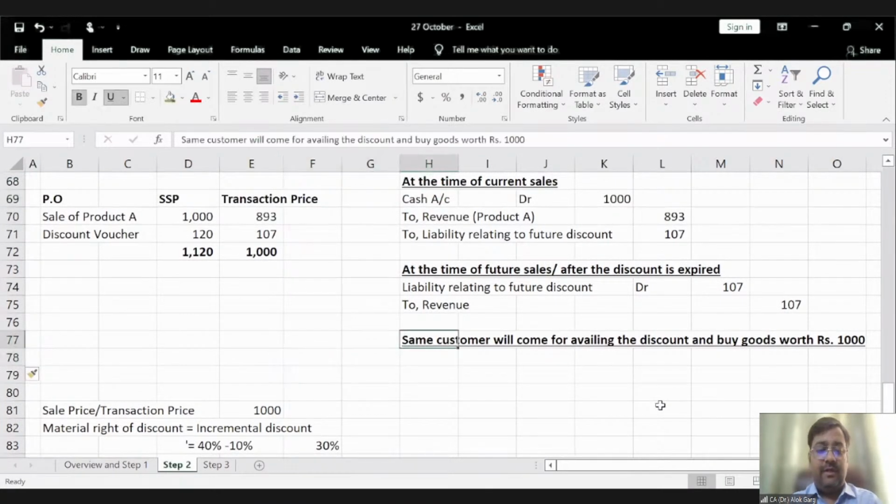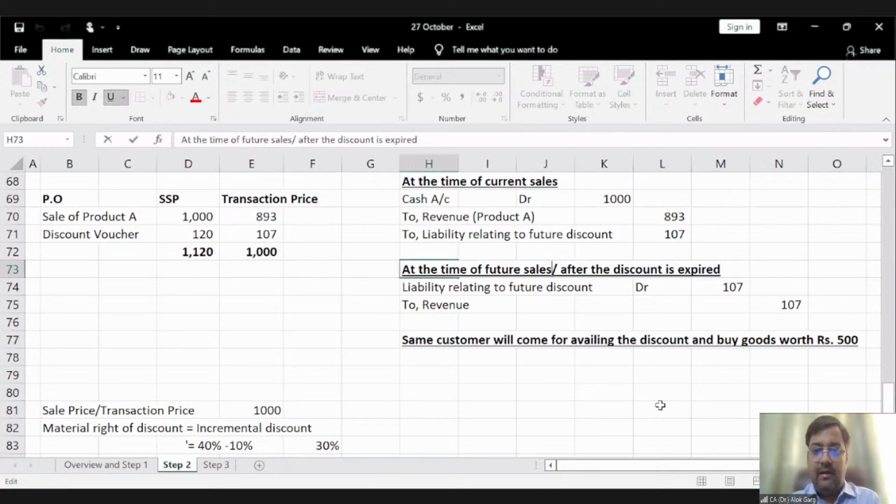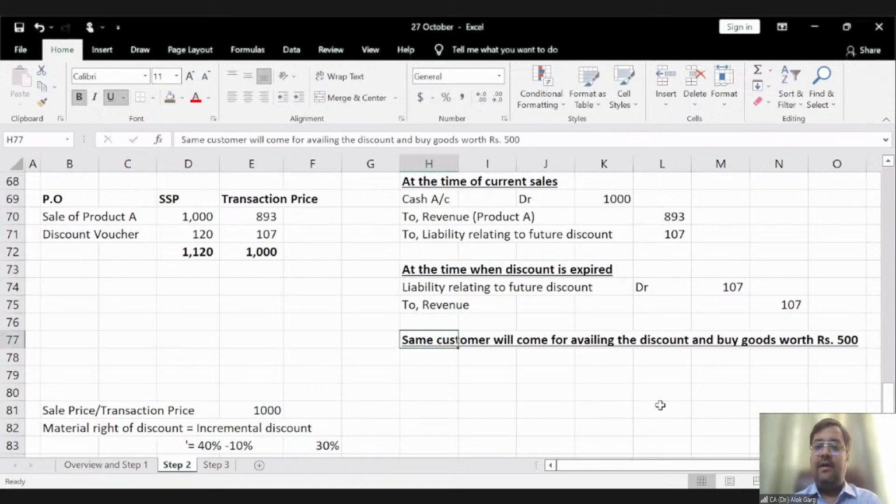Instead of 1000, let me write it as 500 rupees only. Revenue worth 893 we have recognized out of 1000 rupees, but revenue worth 107 rupees is still going to be recognized. And this customer has come for availing the discount. So the third scenario is at the time when the customer comes for availing the discount and buys goods worth rupees 500. Then what will be the accounting entry?